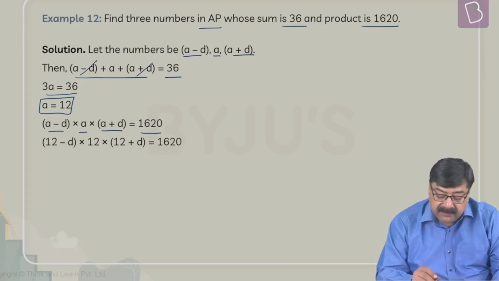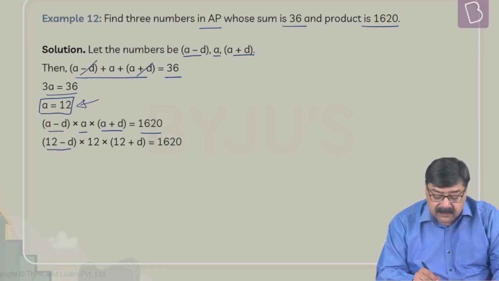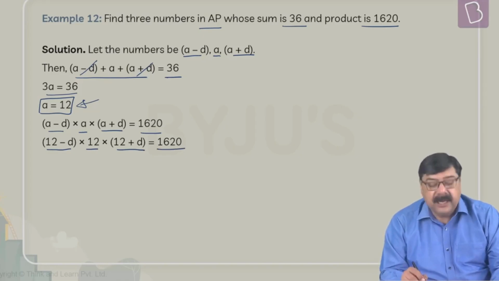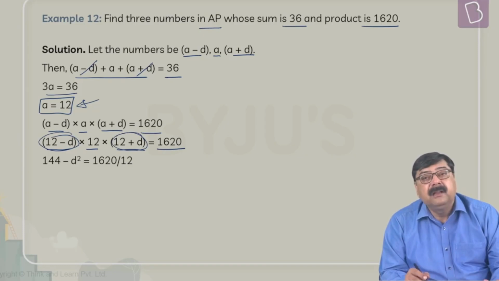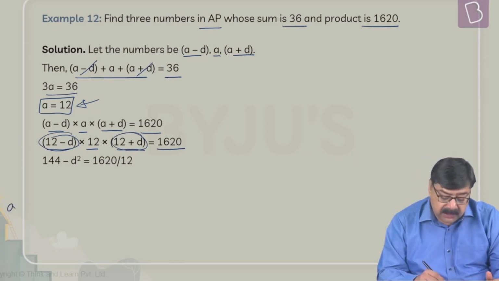But then we have the value for a here. We have already found it out to be 12. So substituting the value of a, we get 12 minus d, 12 and 12 plus d, and that is equal to 1620. So 12 minus d and 12 plus d, when you multiply, you get 144 minus d square, by the formula (a plus b) into (a minus b) equals a square minus b square.